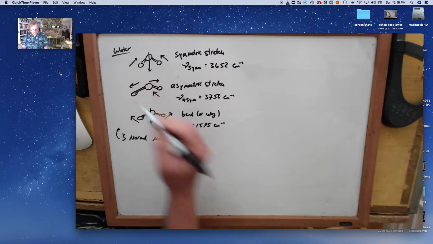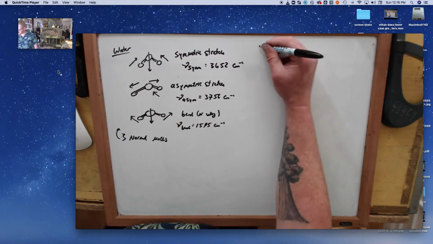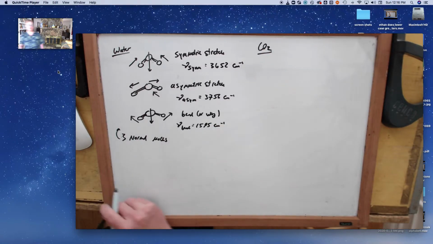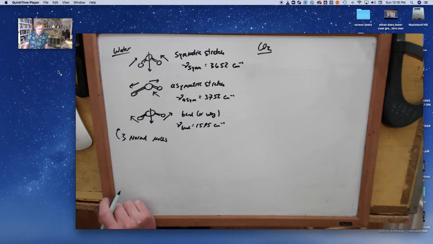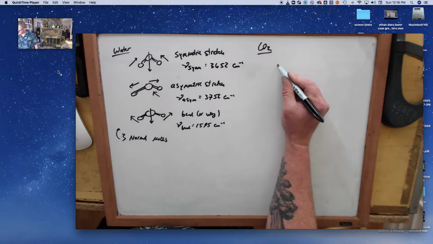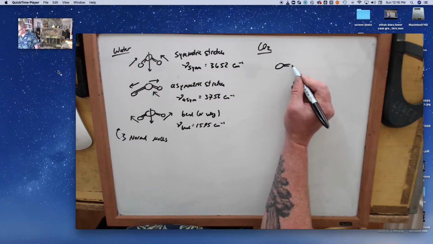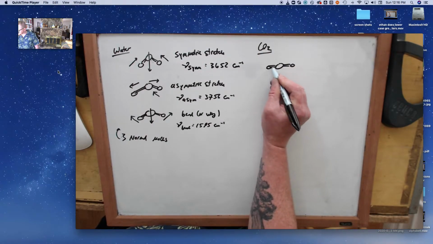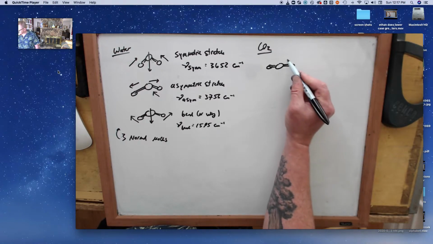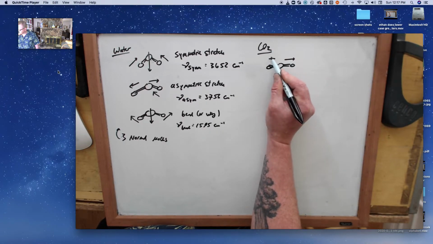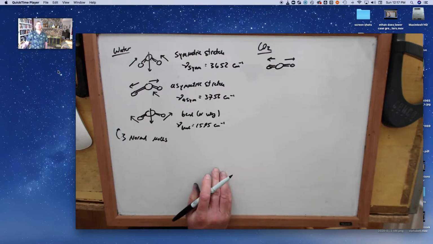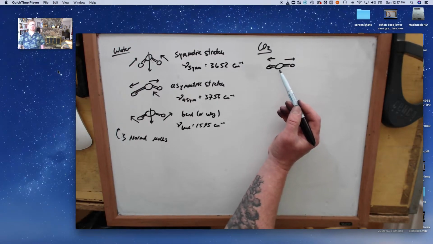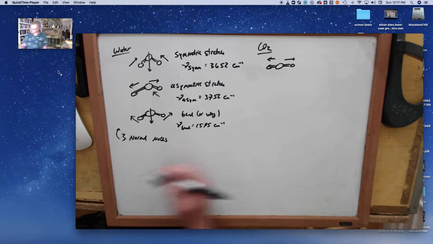So what if we look now at CO2? That's another popular one. We can look at the symmetric stretch, okay? Now in the symmetric stretch, because CO2 is linear, as these two nuclei move apart, it doesn't affect the carbon nucleus.